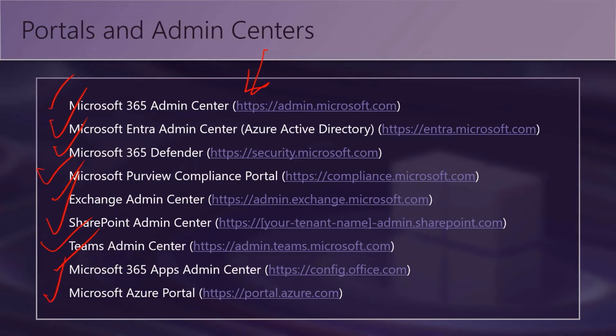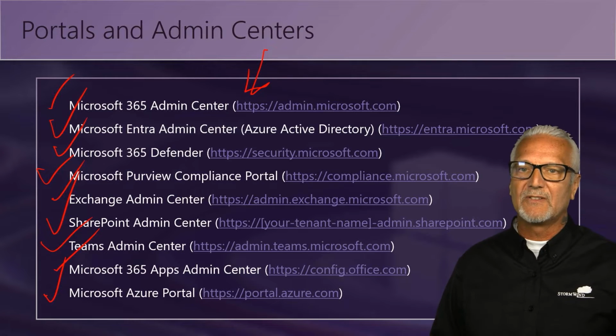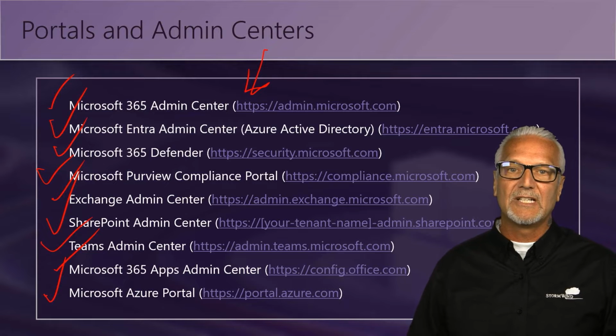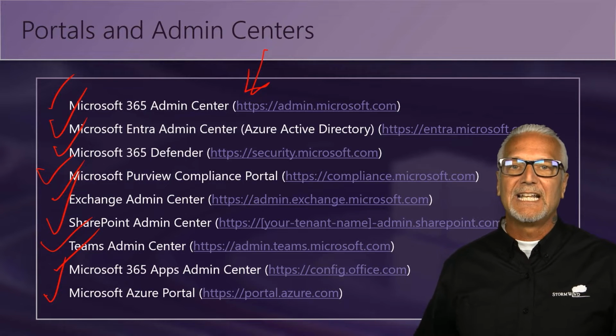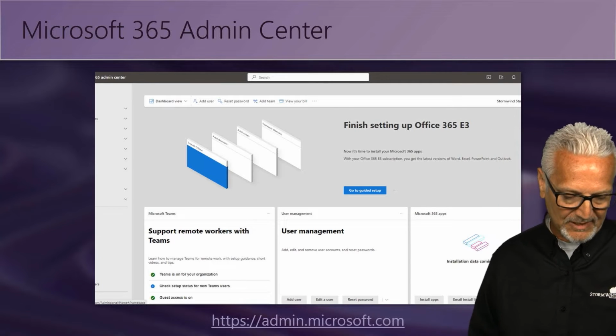And you will also find yourself going to the actual Azure portal for different things at portal.azure.com. In this section of the class, we're going to go to each of these admin centers, and I'm going to flip over and talk about how to get there and what you would typically do as an admin when you get to that admin center.